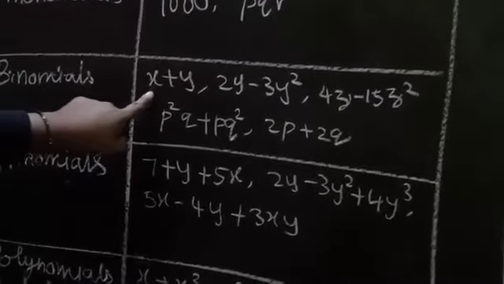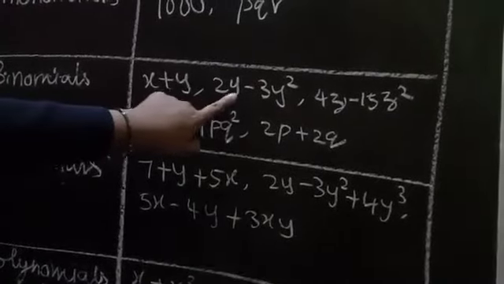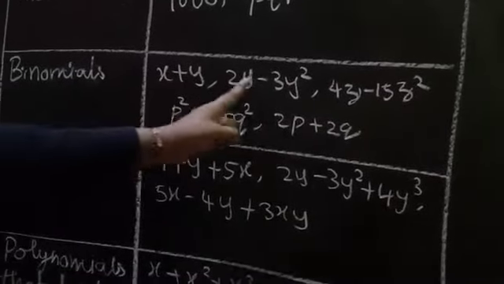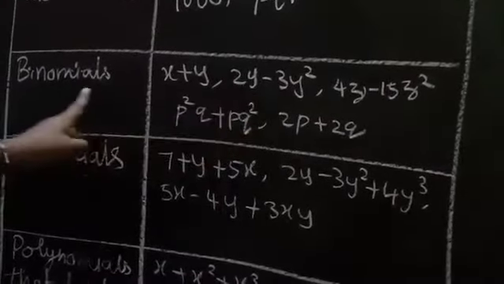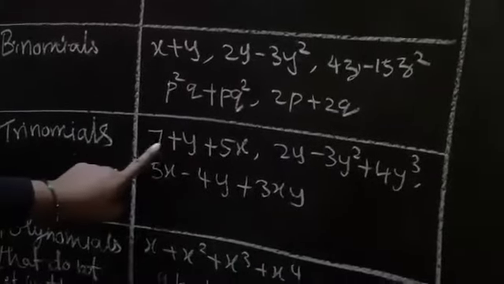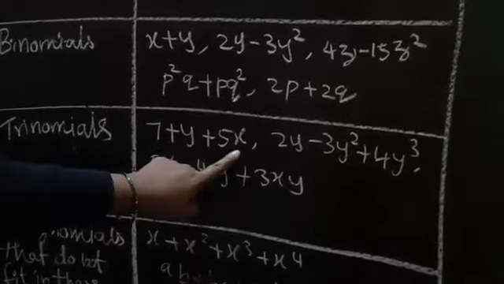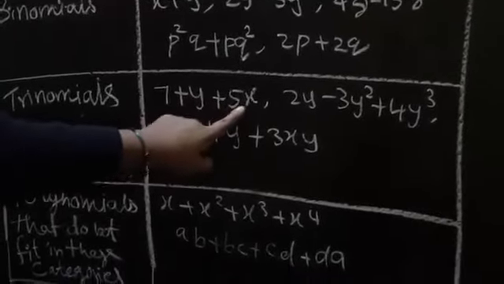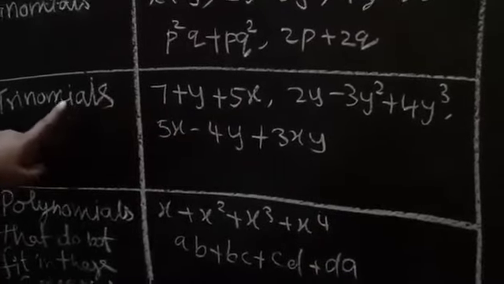Binomial. They have given here x plus y and 2y minus 3y like this. So they have given 2 terms. This I have written in the binomial column. Trinomial means 7 plus y plus 5x. So they have given here 3 terms. 1, 2, 3 terms are added. That's why it is trinomial.